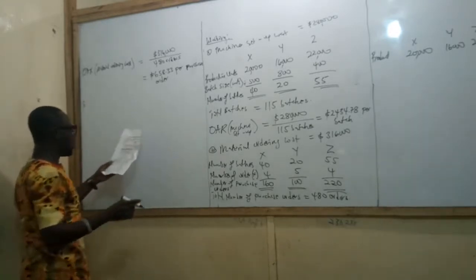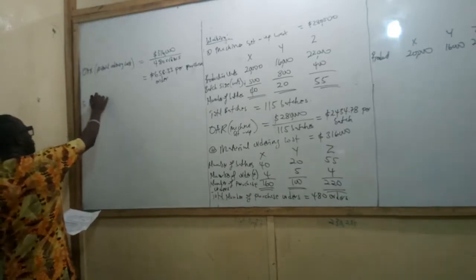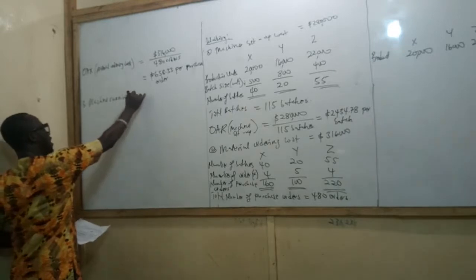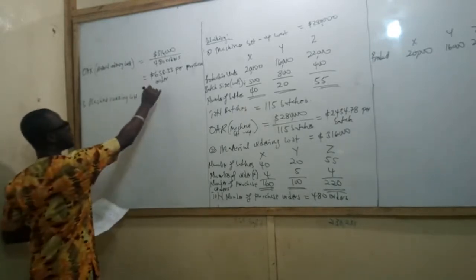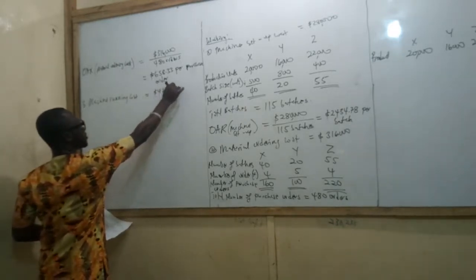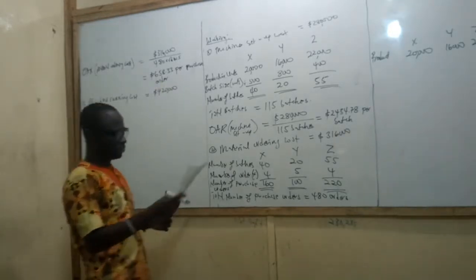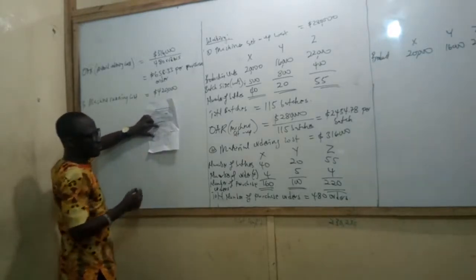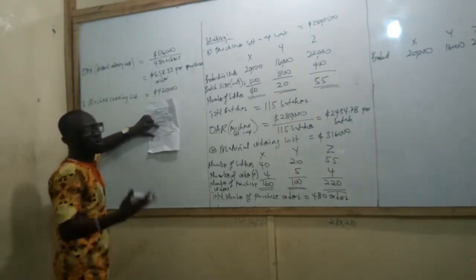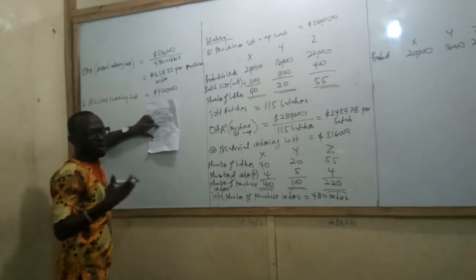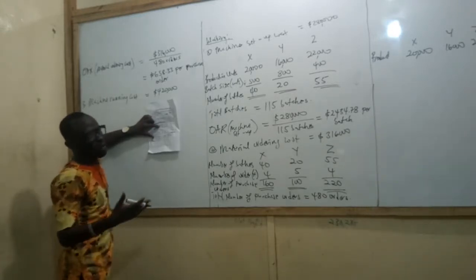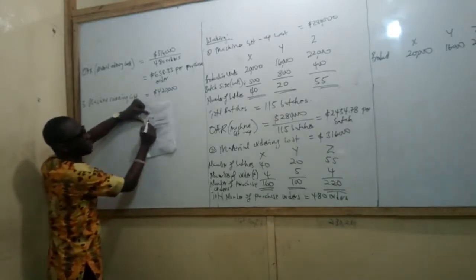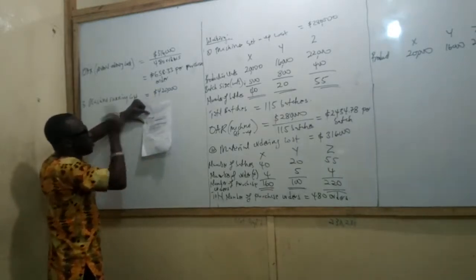Number 3. The third thing is the machine running cost. How much is it there? $420,000. What is the cost driver there? We need to get the total machine hours, right? If we go to the flip side, what do we have there? Machine hours per unit. Listen carefully, per unit.